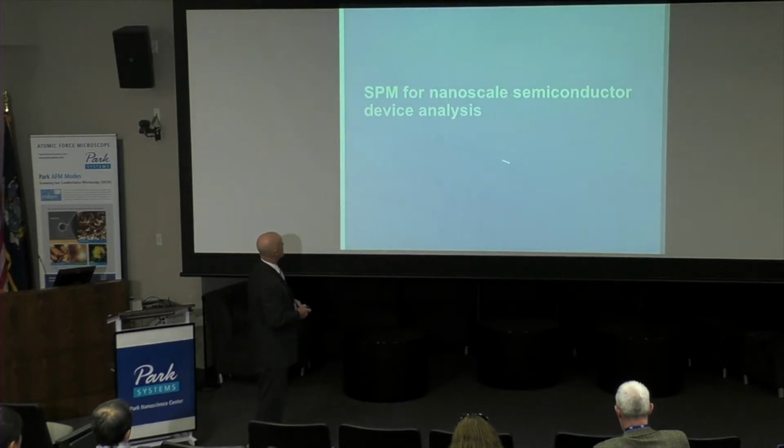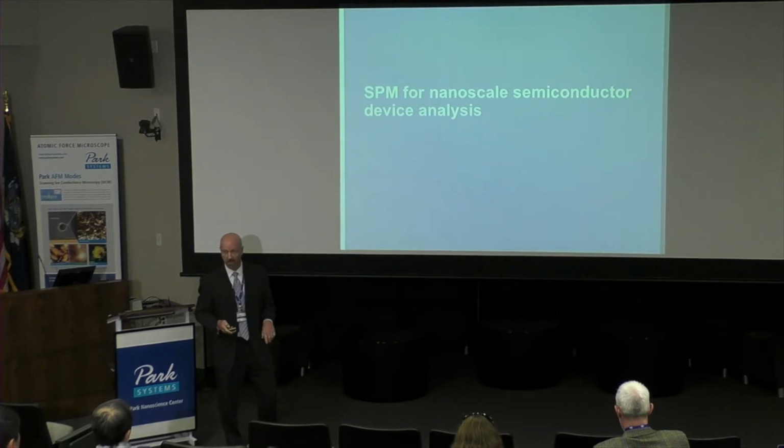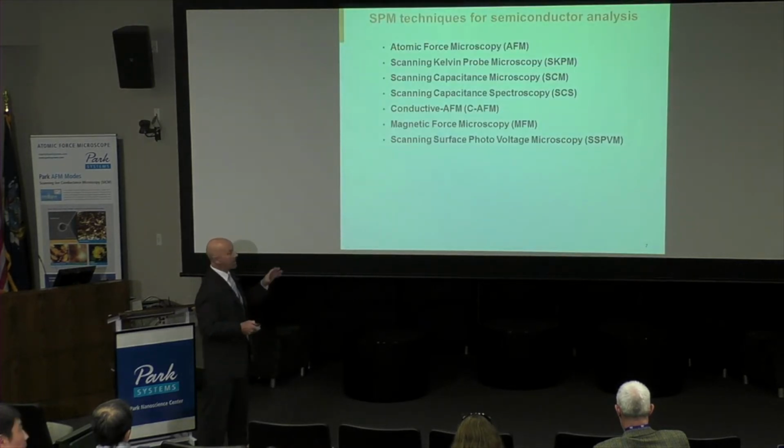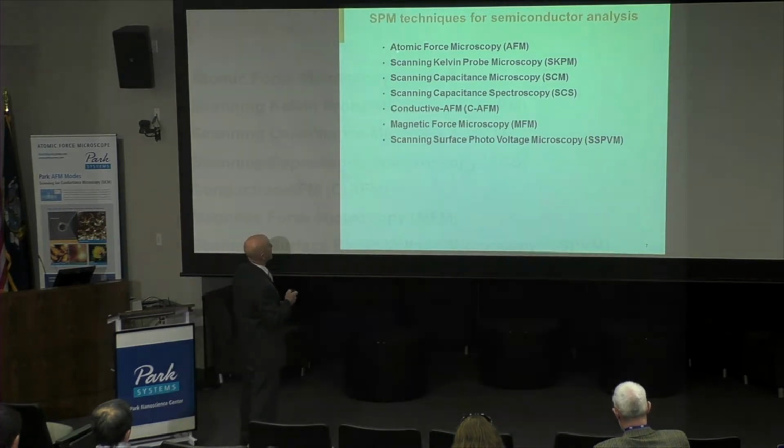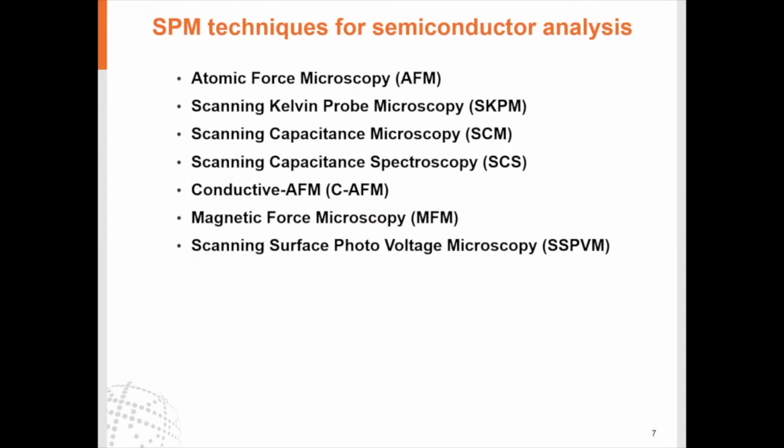Now, let's talk a little bit about some of the SPM techniques that we use for nanoscale semiconductor device analysis. We use a whole host of techniques to analyze semiconductors. Basically, in every analysis there's some level of atomic force microscopy because of its ability to resolve very small features. We also use scanning Kelvin probe microscopy to look at work function and charge-related phenomena. And then, of course, scanning capacitance microscopy, which I'm going to get into in more detail for dopant analysis.